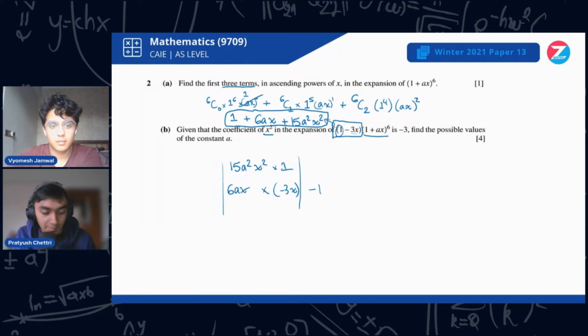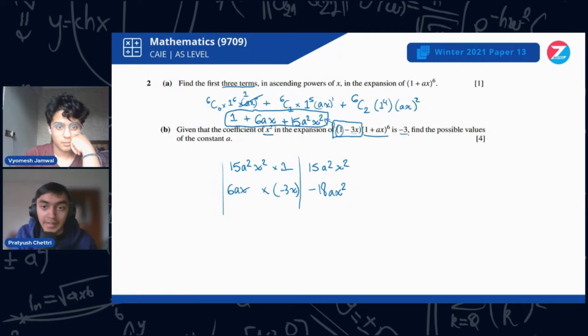My mental math is off the charts right now. And this is 15a squared x squared. So we total these, and that gives us minus 3.